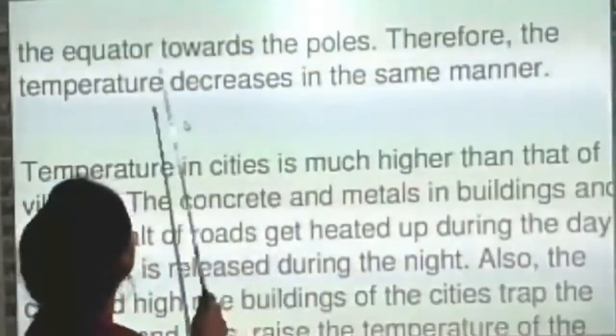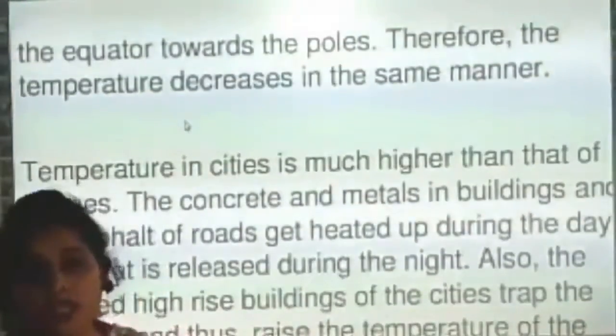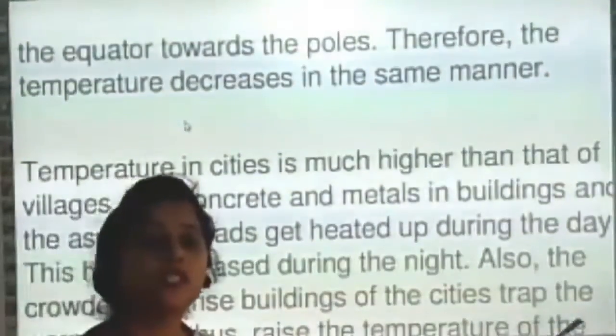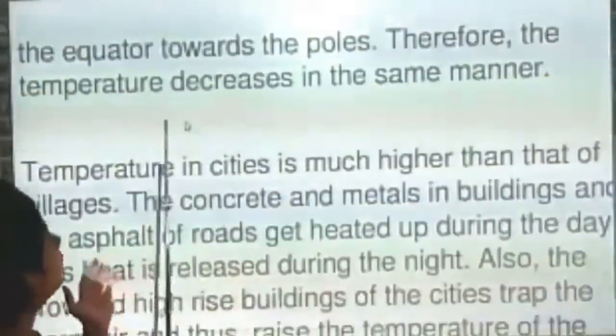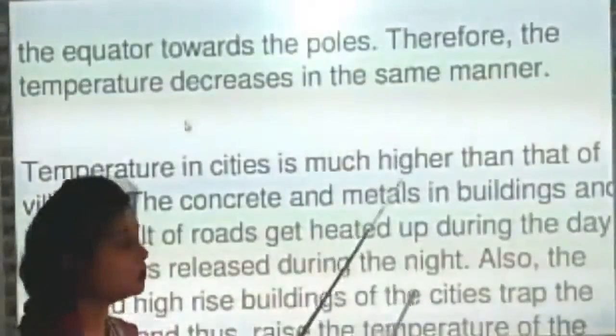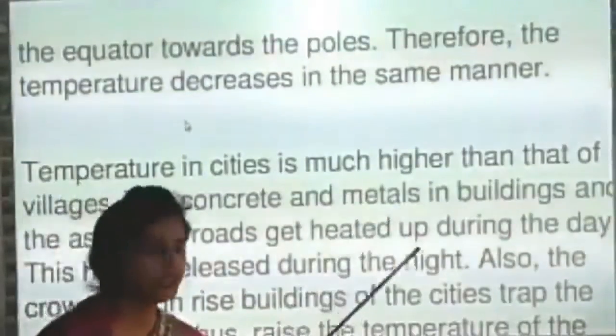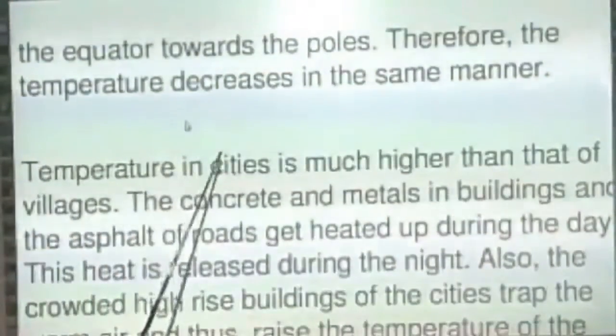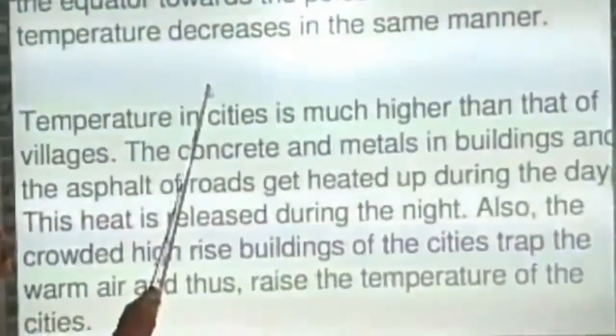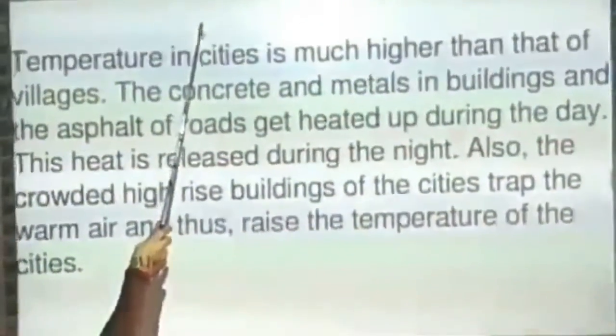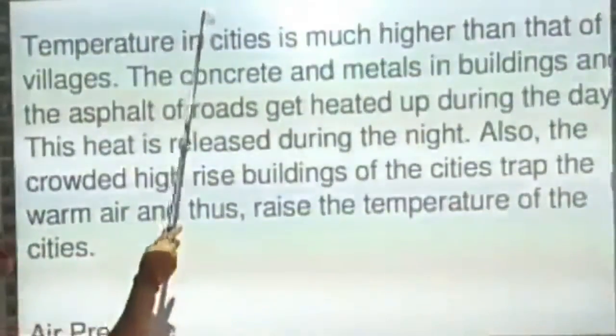In the equator, the temperature is high, and when we come towards the poles, the temperature decreases. In the same manner, all the temperature runs on the Earth.